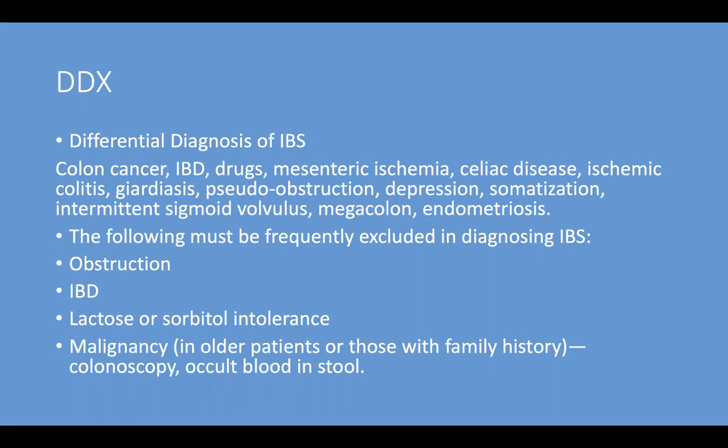Lactose or sorbitol intolerance: these patients will present with diarrhea and flatulence after eating or drinking any dairy products. Malignancy, as we said, in an older patient or with a family history. Based on these symptoms or presentations, we could do a colonoscopy to rule out or rule in, and blood in stool.